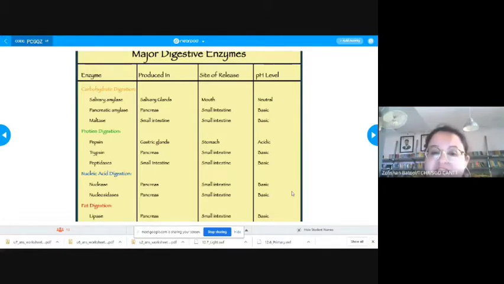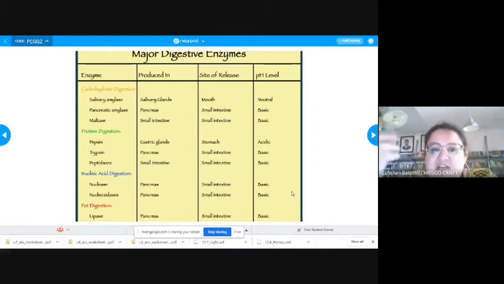Pepsin is secreted in the stomach and trypsin is secreted in the small intestine. The function of both is protein digestion, but they function better in different conditions. As I've already discussed in the previous video, our stomach has acidic conditions because HCl is present.